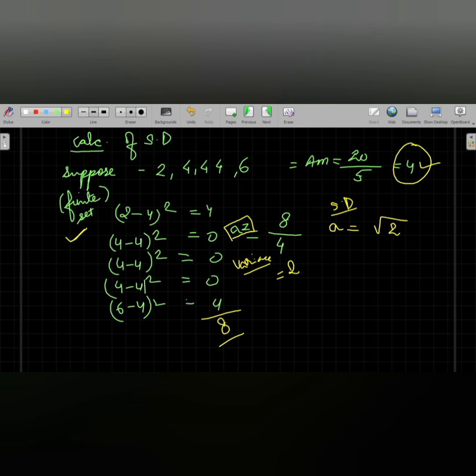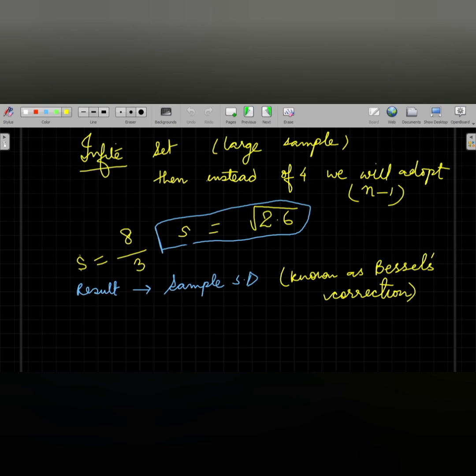Now, what if the set is infinite, meaning the population is too large? Then which formula will apply? If there is an infinite set, or a large sample, we will follow n minus 1; the denominator will be n minus 1.